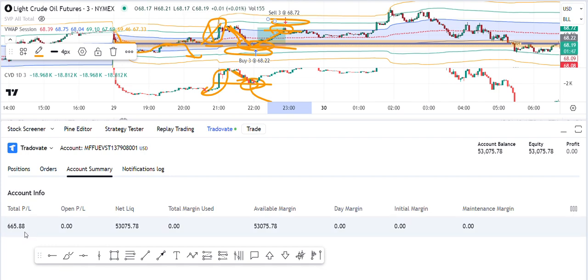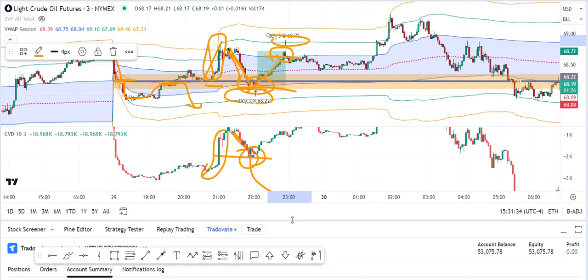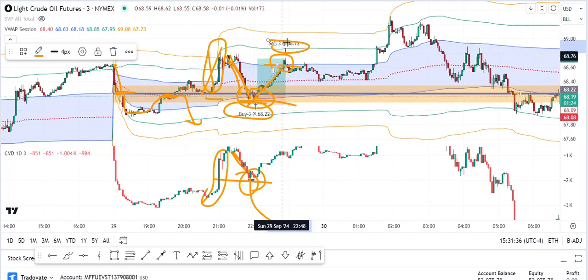Right before this, about half an hour before, I took a long in NQ and I lost about 800 just because I didn't understand the sizing, and I was a bit tired, so I didn't even want to calculate the sizing properly. But yeah, that's the best trade I've taken so far in crude oil, or light crude oil.